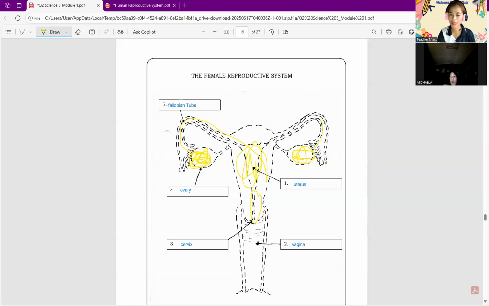Okay, so here it passes, it also passes in here. So again, fallopian tube, it is the pathway of the egg cells from ovary going to the uterus. Right? So that's it. We were able to identify the female reproductive system.